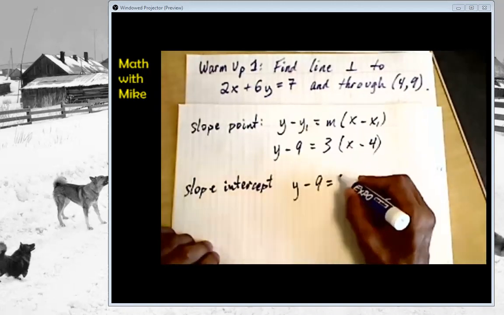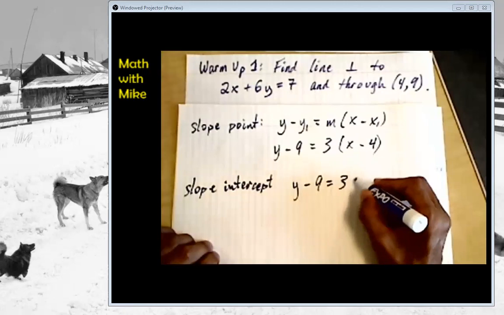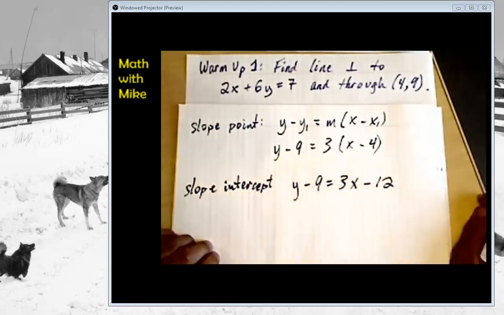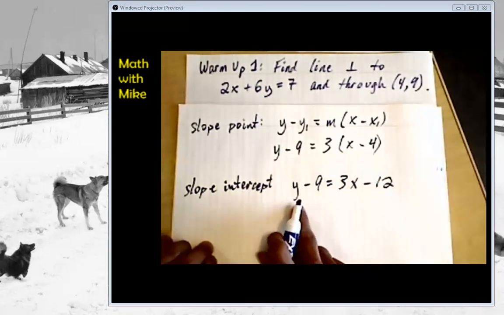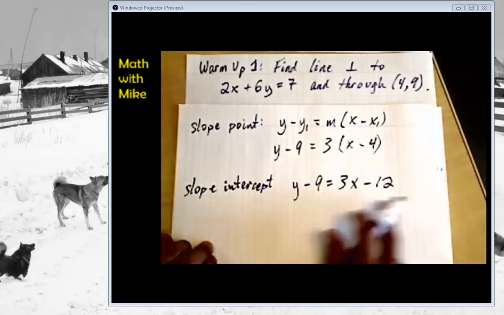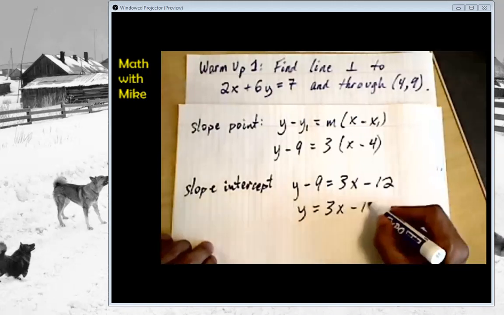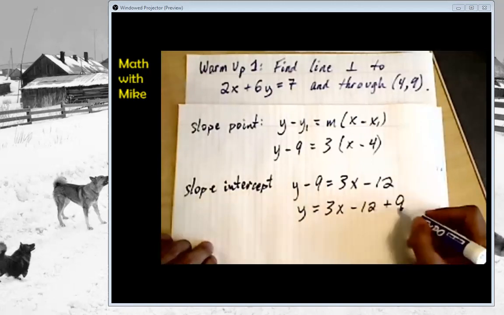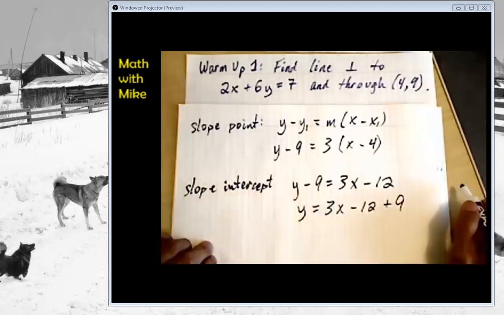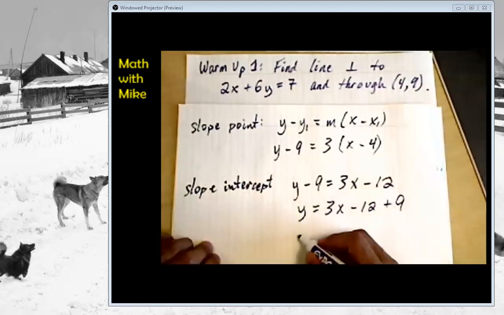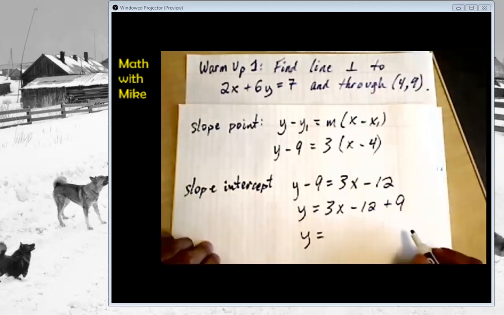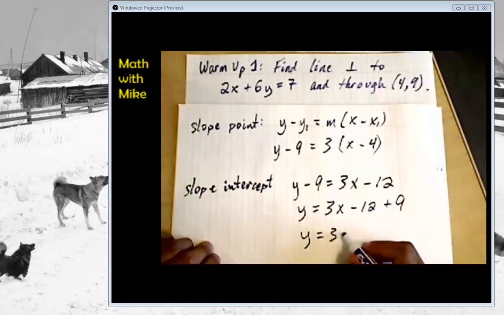So we get 3x minus 12. Don't have y by itself yet, almost. Got to get the 9 out of the way. y is equal to 3x minus 12 plus 9. It changes the sign. And so we get a final answer looking like 3x minus 3.